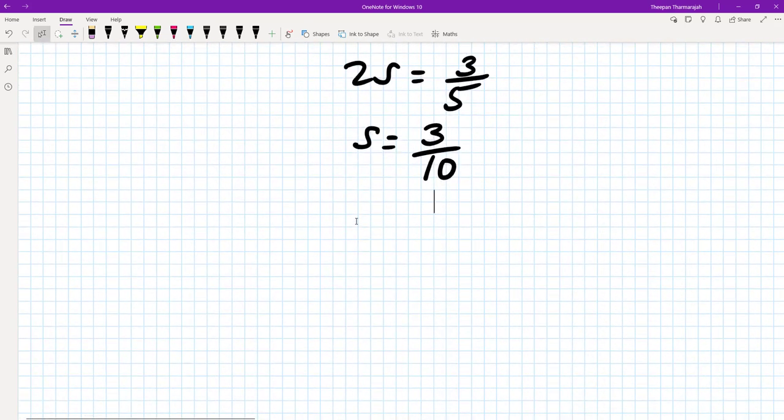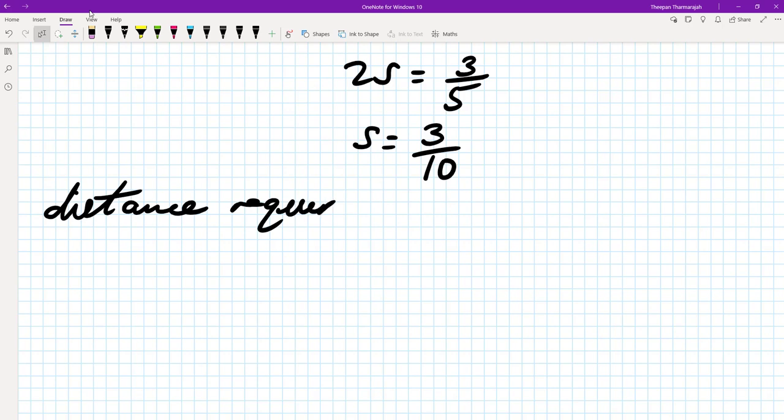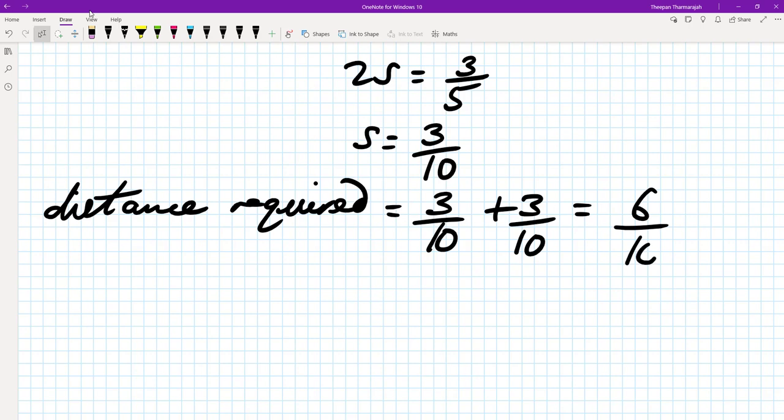So the distance required is 3/10 plus another 3/10, which gives me 6/10 meters, or we could write 0.6 meters.